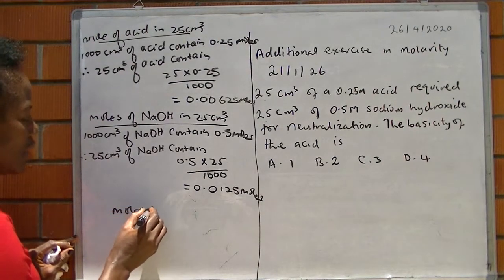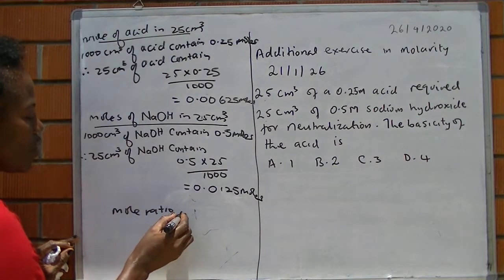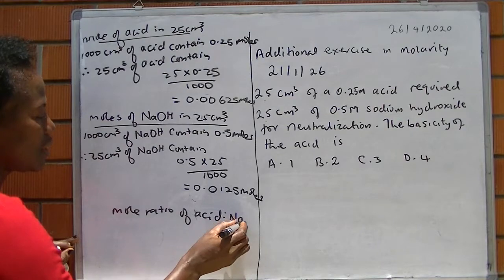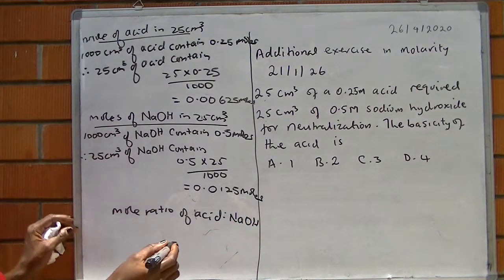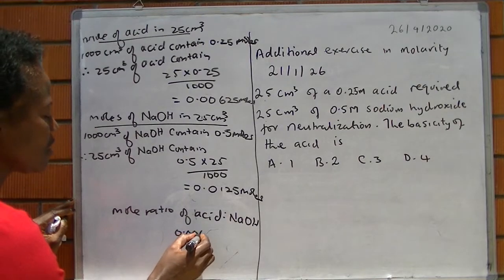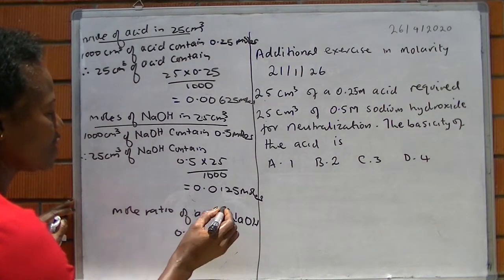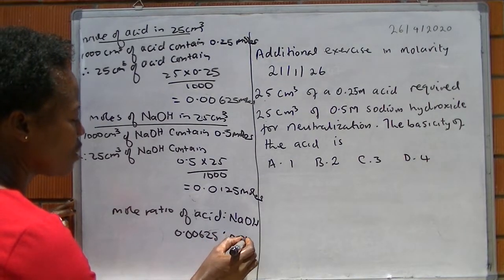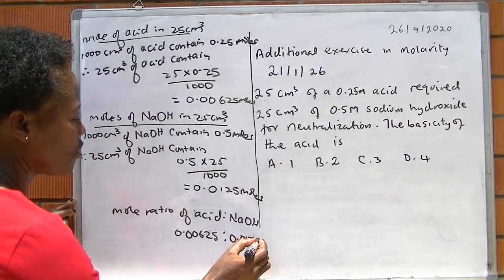Mole ratio of the acid to sodium hydroxide. The number of moles for the acid were 0.00625, then to those of the hydroxide 0.0125.